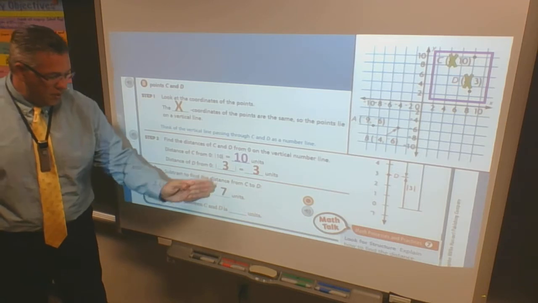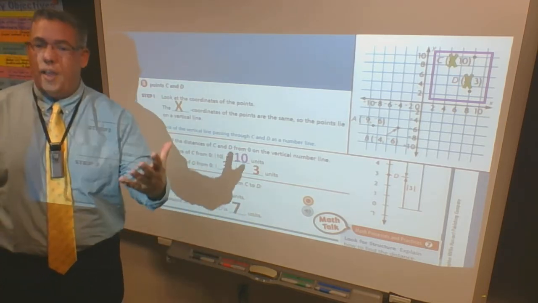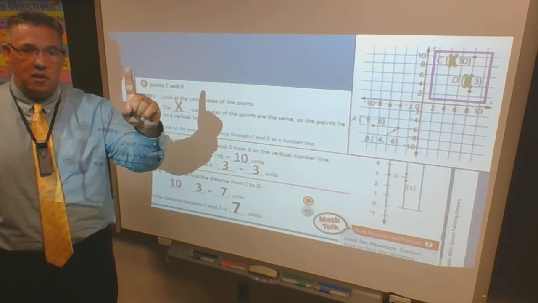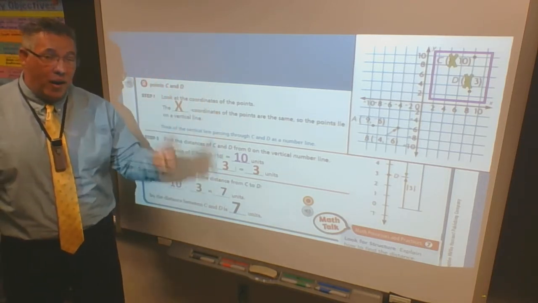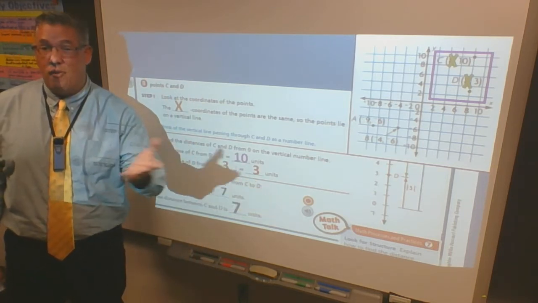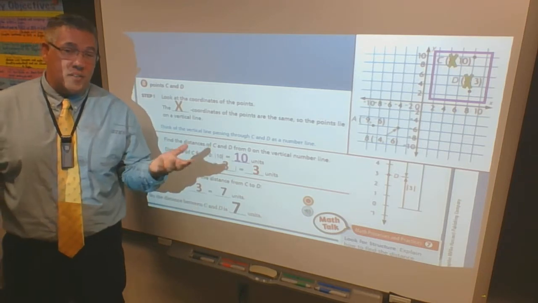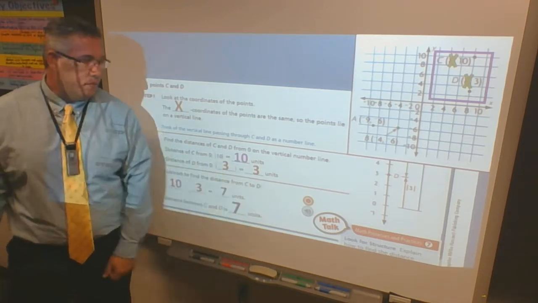So 10 minus 3 is 7, so I know my answer is 7. And units, once again, any label adds an extra point that your question is worth. If I showed the work, I got the right answer, but I don't put the label of units, then I'm only going to get a 66% for that question. There's no reason to get a 66% when I can just simply write down the label and get 100.